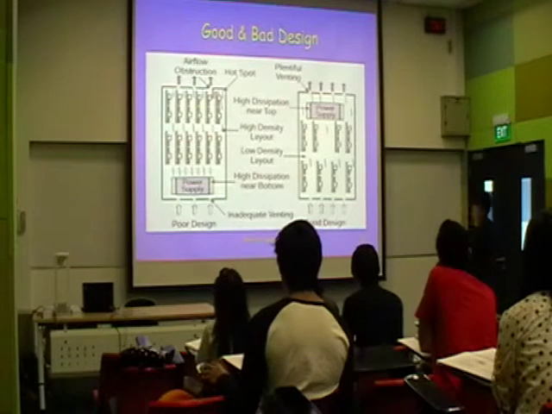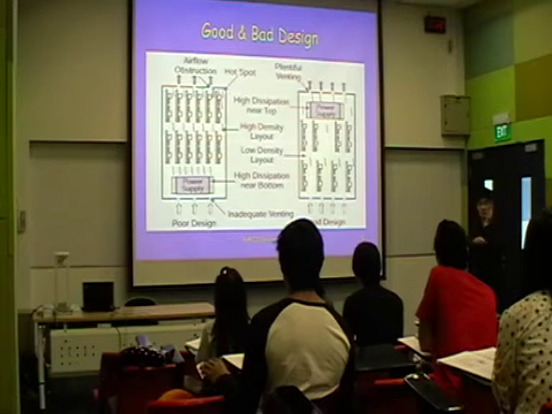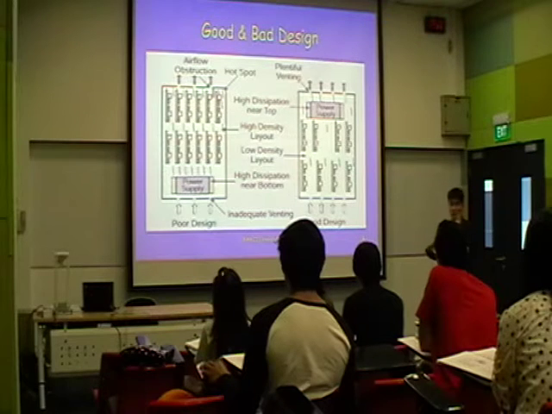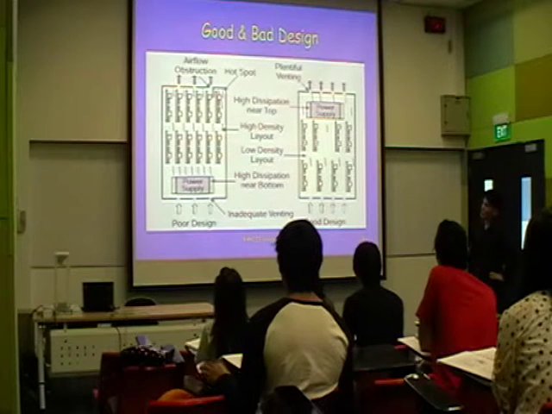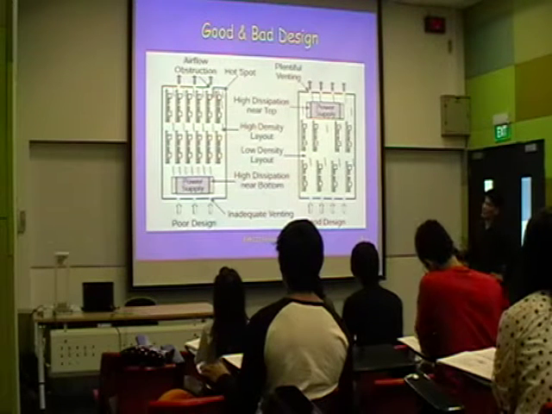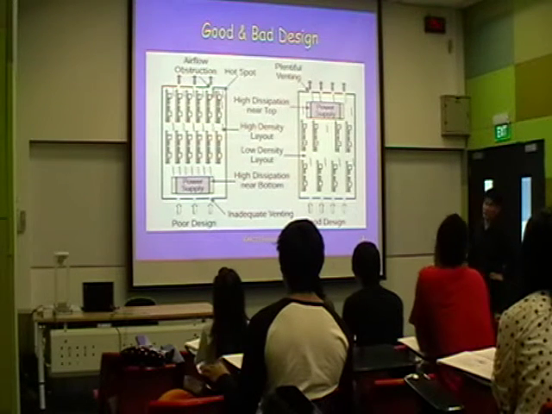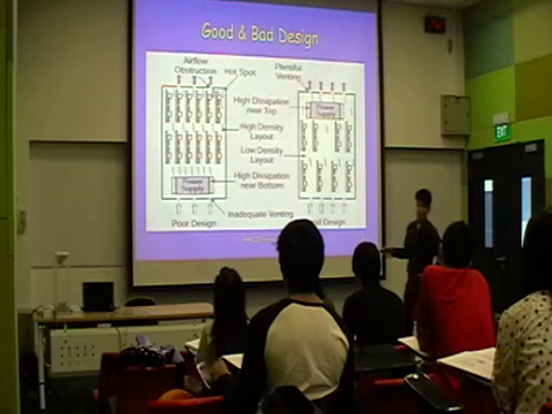All right, so some of the good and bad designs. Again, this one is not shown, but just to give you a kind of practical experience. You will see that this one is a very poor design. Why? Because the power electronics is situated near the inlet of the ventilated design or enclosure.